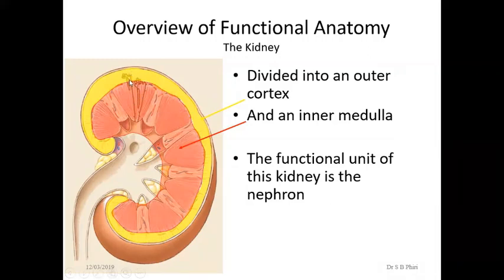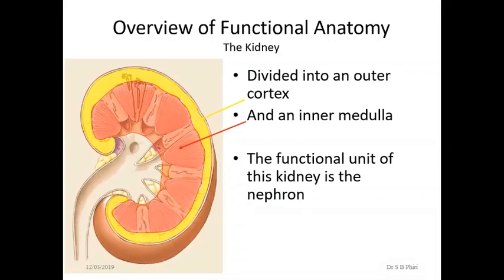You have the cortical nephron. So in the cortical nephron, the loop of Henle doesn't really descend deep into the medulla. So the majority of this nephron is found within the cortex. That's why it's called the cortical nephron. Then you have another nephron in which the glomerulus is at the junction between the cortex and the medulla.